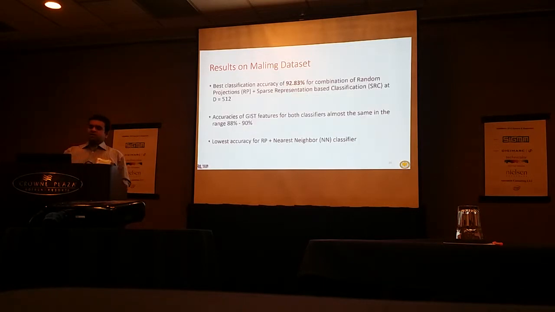The gist features had almost the same accuracies in the range of 88 to 90%. However, the lowest accuracy was for the combination of random projections and nearest neighbor. So this means that for this data set, the projections in lower dimensions were not really closely packed, but the sparsity-based representation was still able to obtain a good classification accuracy.